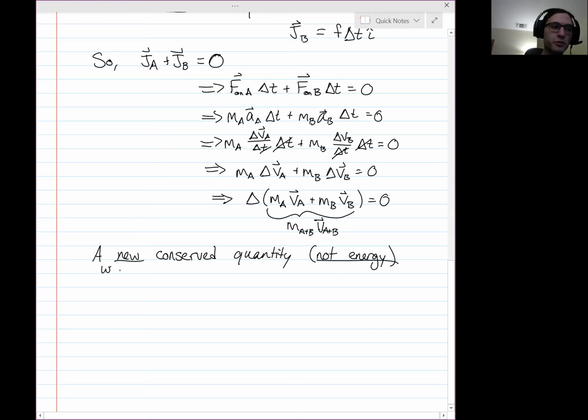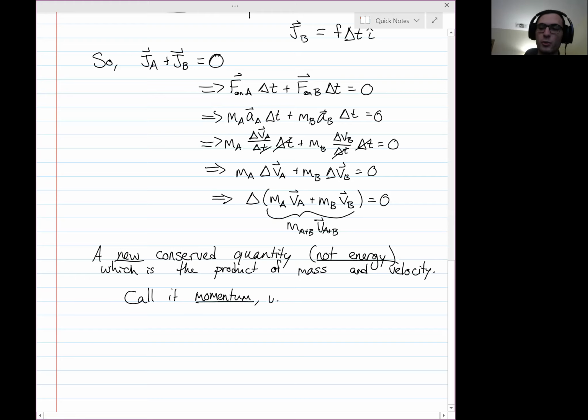And this conserved quantity is the product of mass and velocity. We call it momentum, which is written as the vector p.